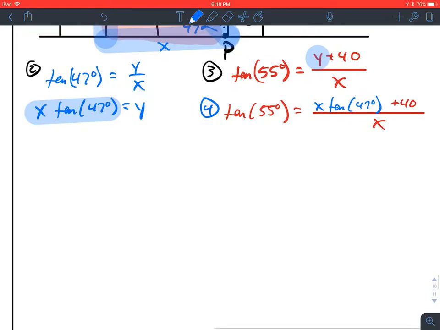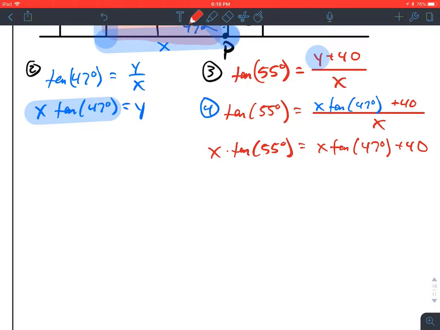Now I'm going to keep trying to solve this until I get X by itself. I want to make it so that I don't have X in a fraction. I'm going to multiply both sides by X. On the right side, that would cause the X in the denominator to not be there anymore, because X divided by X is 1. Still having trouble solving this.